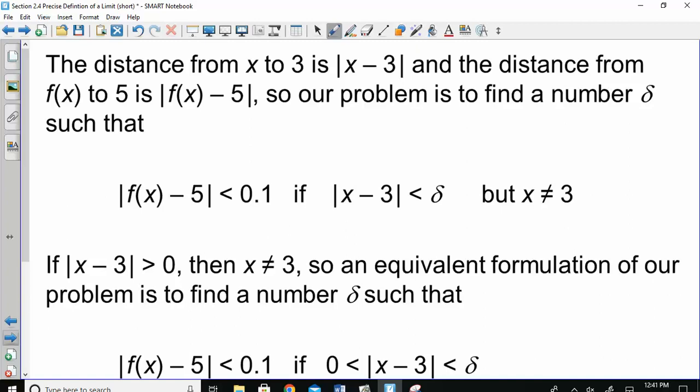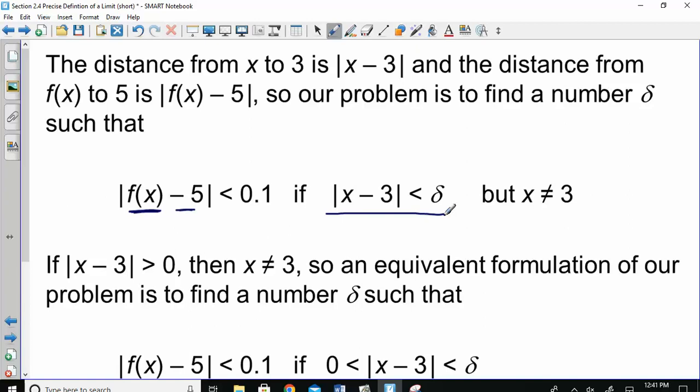So, the distance between x and 3, that's the absolute value of x minus 3. Distance is always positive, right? So we put the absolute value there. And the idea is you can make your y, so the distance between your function and 5, as close as you want just by making your x get closer to 3. So we start seeing these weird looking variables here.